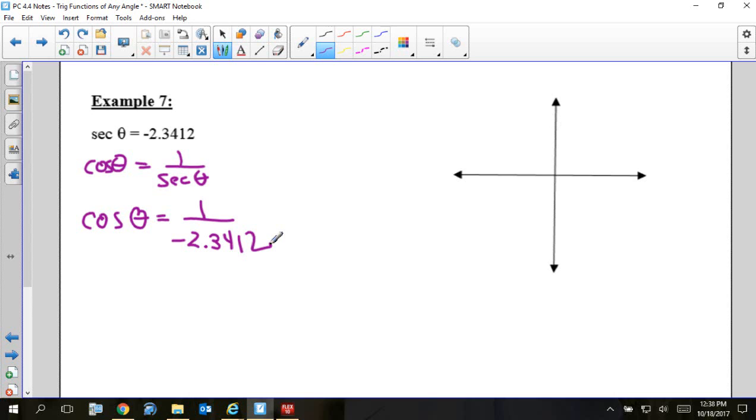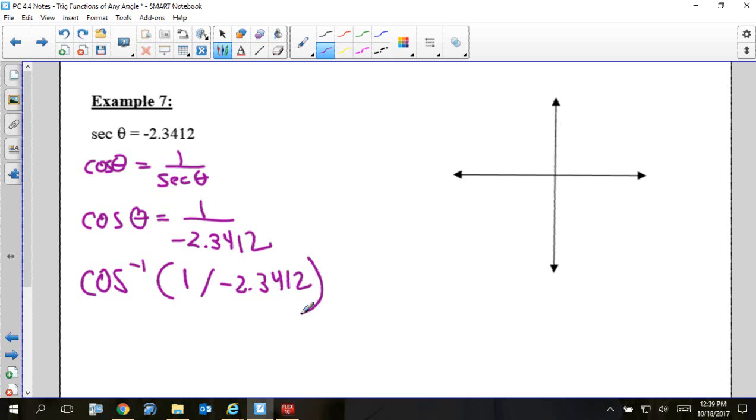What am I trying to get? Trying to get theta. How do we get rid of cosine? So we just get theta, which is going to be an angle. Yeah, the cosine inverse, arc cosine, second cosine. 1 divided by negative 2.3412. Knowing what to do when is something that comes from experience.